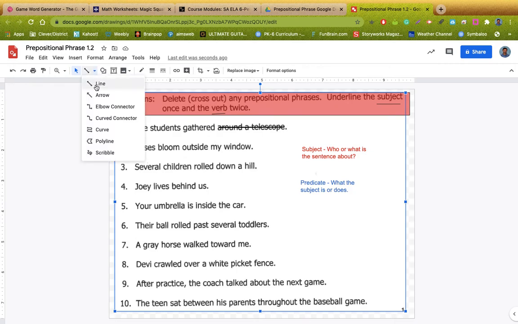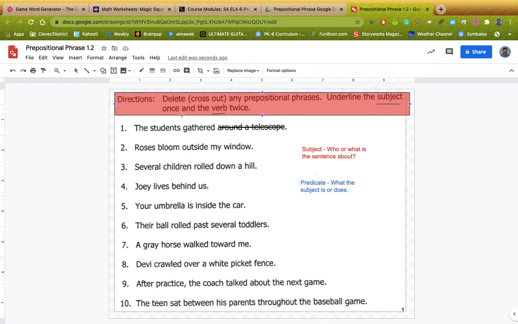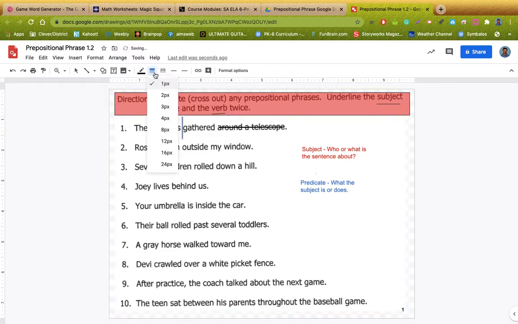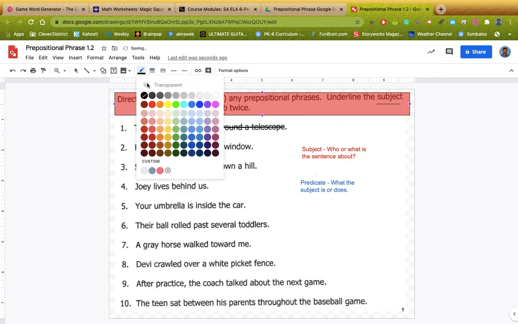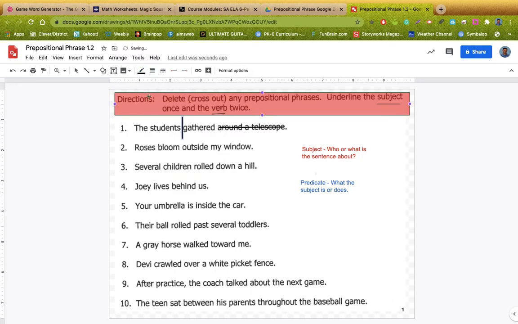So here's what you will do. You will draw a subject predicate line. It will go right here. I'm going to make that a little bit thicker, and I'm going to change the color. Now I'll keep it black. Okay, now the subject predicate line simply separates the subject from the predicate.